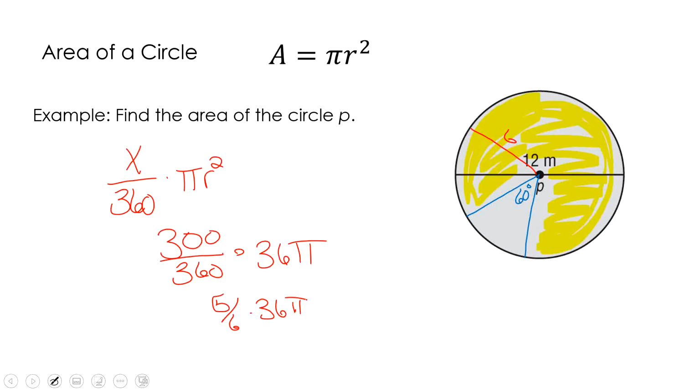What this works out to be is just 30 pi is the area of the shaded region, 30 pi meters squared. So I apologize for not having a slide there. I thought I did, but I copied the wrong slide. So remember, area of a sector is x over 360 times the area formula for a circle. So I hope that helps clear everything up.